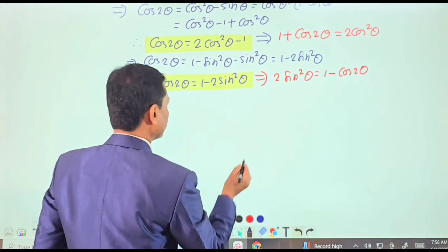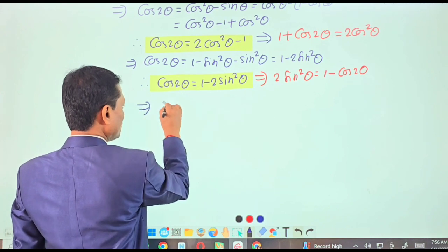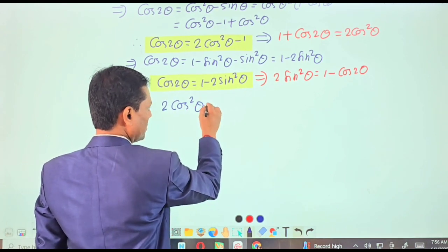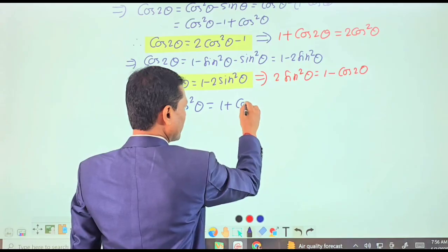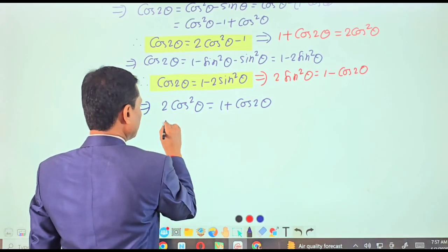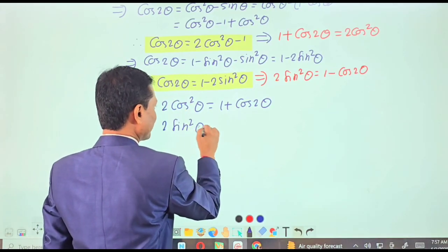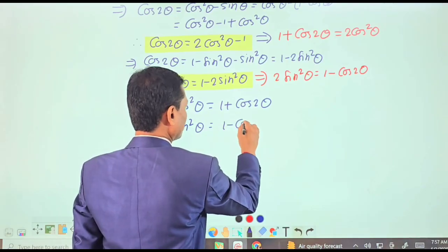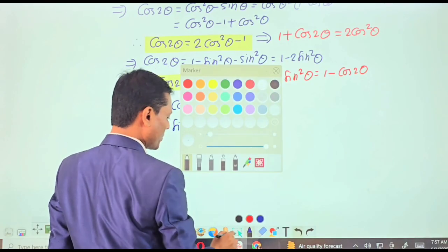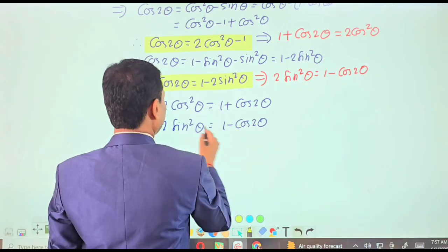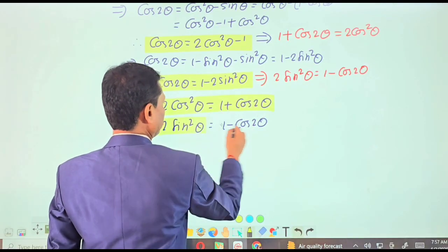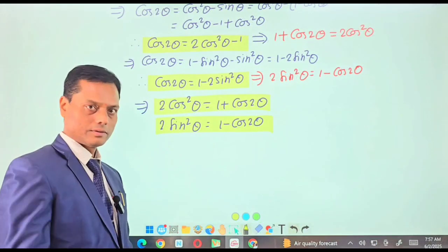So I'm going to write here: 2 cos square theta equals 1 plus cos 2 theta, and 2 sin square theta equals 1 minus cos 2 theta, isn't it? These two formulae are very, very important, okay?